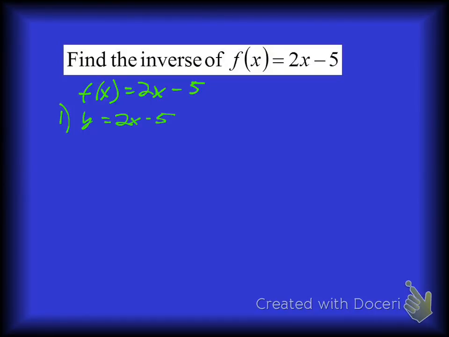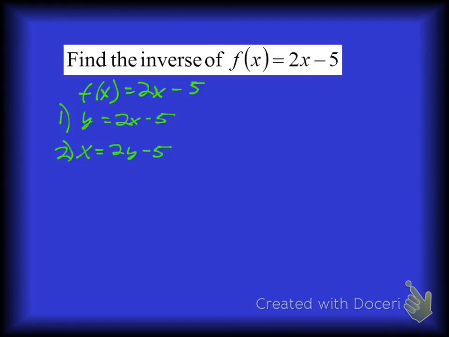Y equals 2x minus 5. Step 2. X equals 2y minus 5. Okay, switch x and y. Okay, everybody good? Rewrite f of x as y. Flip-flop x and y.